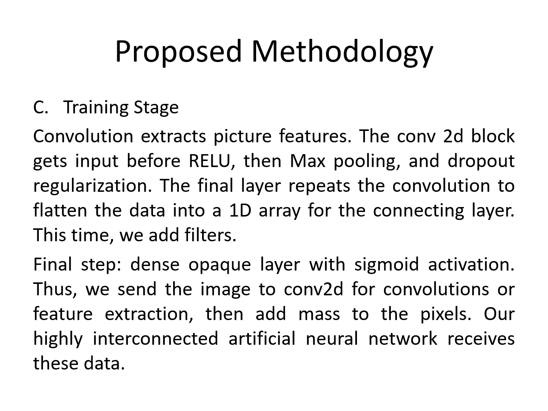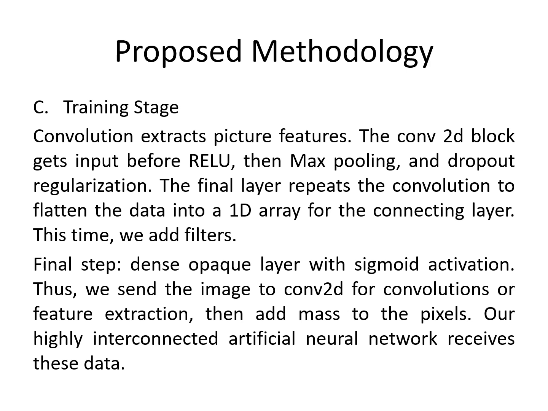Finally, we have the training stage. Upon insertion of the images into the system, the convolution is used to extract the image features. The Conv2D block receives input, applies ReLU, and then performs max pooling and dropout regularization. The convolution is repeated, and in the last layer the data is flattened into a 1D array for the connecting layer. This time we're going to add filters.